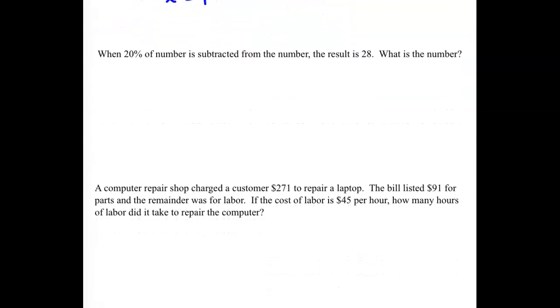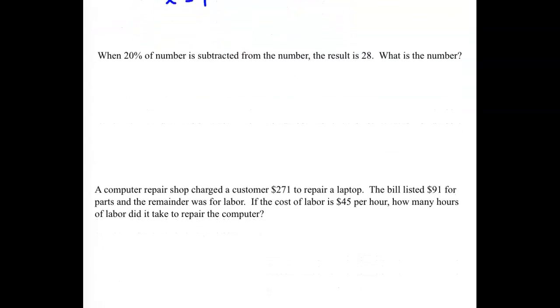Our second question says when 20% of a number is subtracted from the number, the result is 28. What is the number? So again, I'm going to let x equal the number I'm looking for. 20% of the number would look like that, 0.2 or 0.20, 20% of x is subtracted from the actual number x.